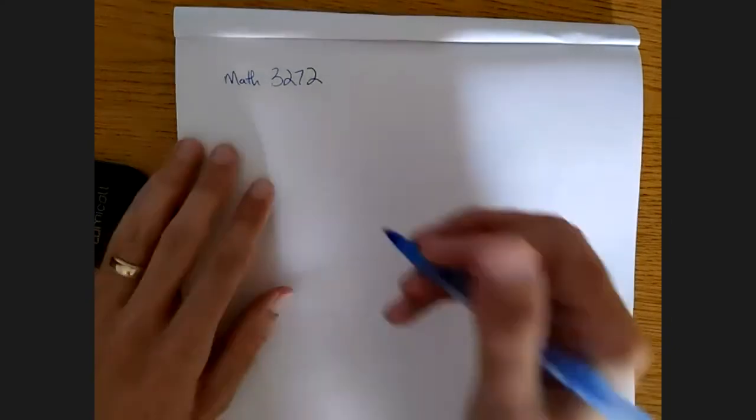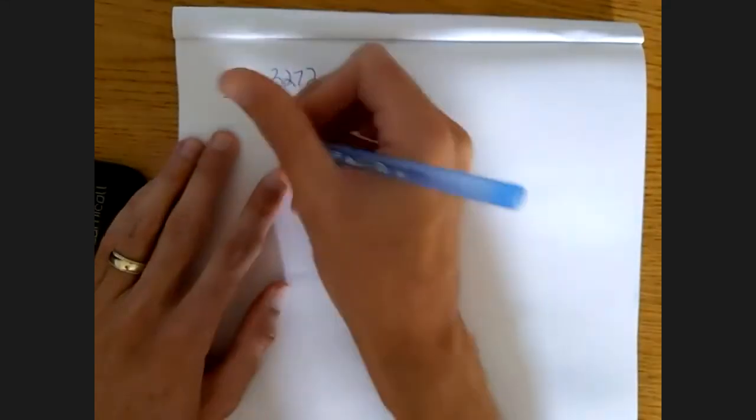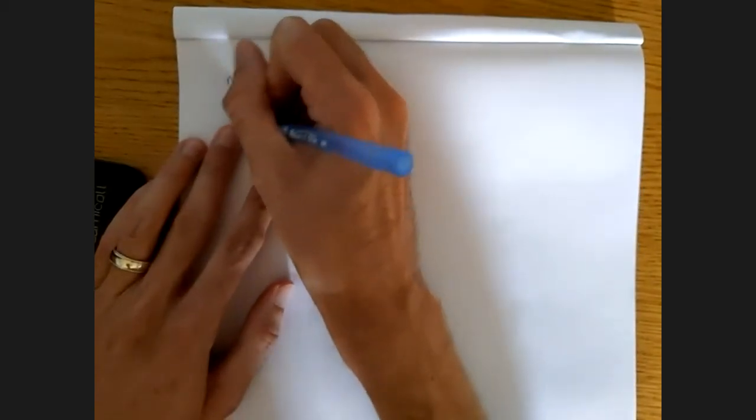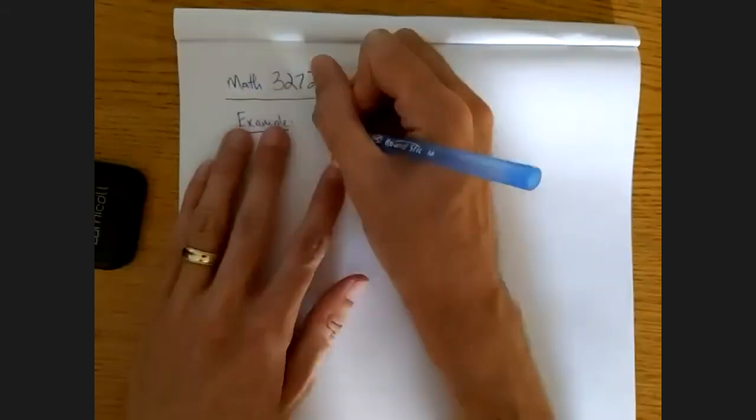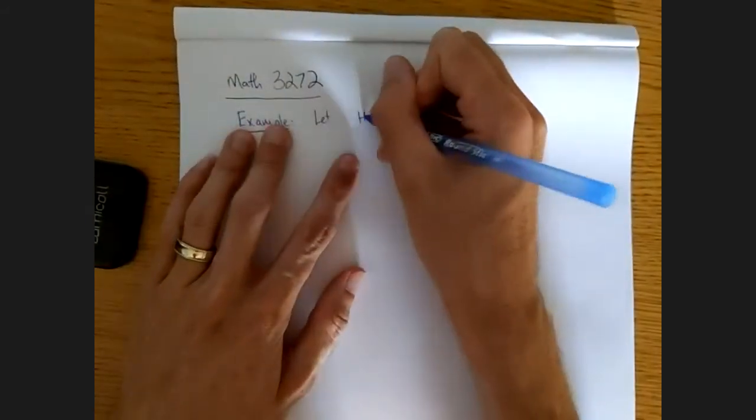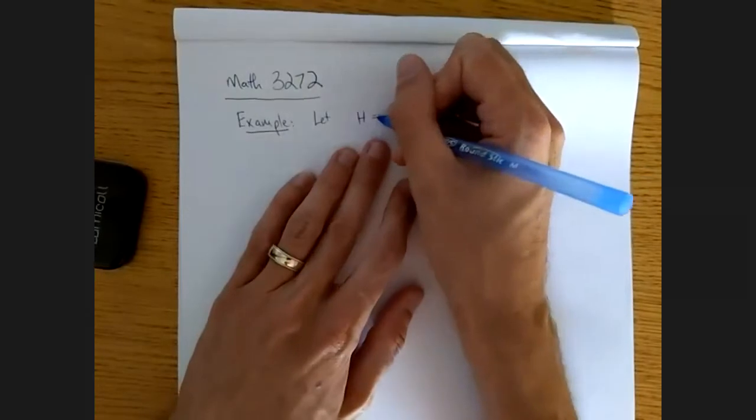So let me tell you what's going on. This will just be an example. H is this group of upper triangular matrices.